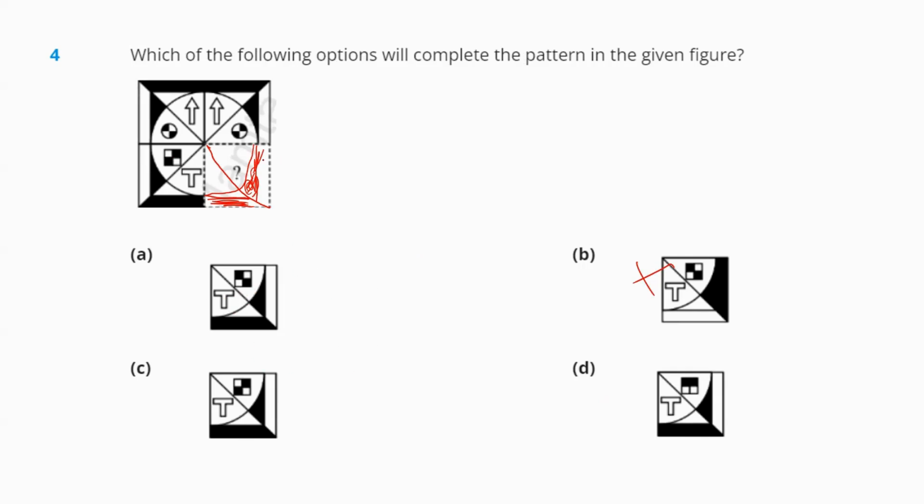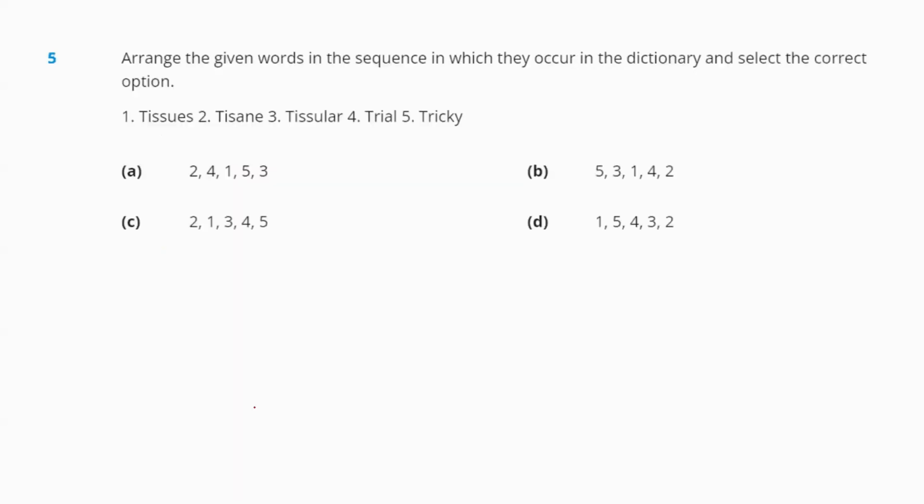So now this will come here and T will come here. And the shaded part changes from here to this, this will be a shaded part and this will be a shaded part. So answer A is the correct answer. In this, the shaded parts are wrong and in this also. These two are the same. No, in this the shaded parts are wrong. Moving on to the next question.